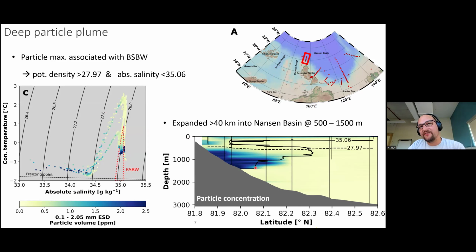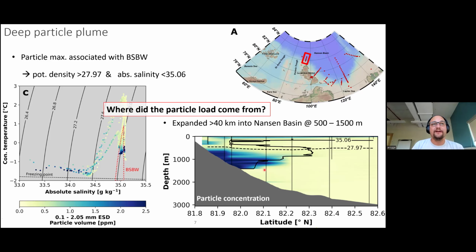You also see that here in the section plot. The black isoline is the salinity and the dashed line is the density. So in between those lines, you have the Barents Sea bottom water, and the fraction of the particle load actually sank out of that plume. So first of all, our question was, where did the particles really come from?